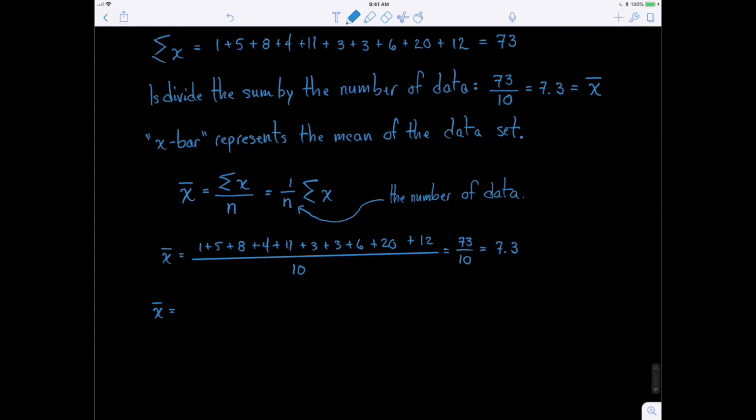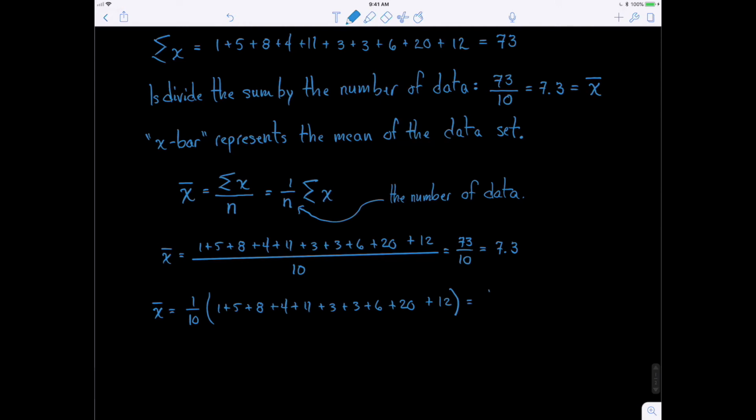So I would write this as 1/10 times, and then we'd write all of this out again. And so we would just take all of this here, and we'd put it just like that into our formula.